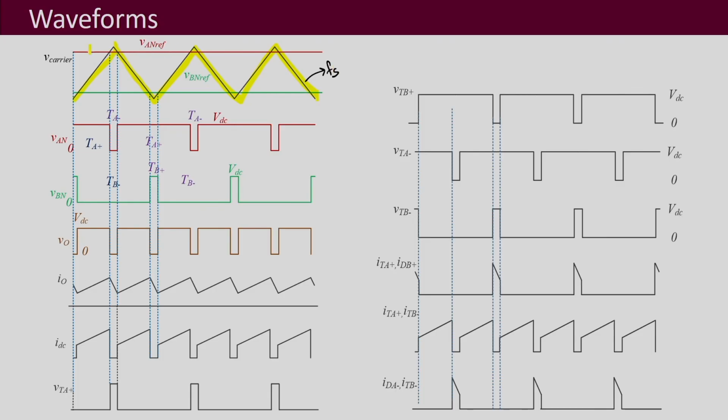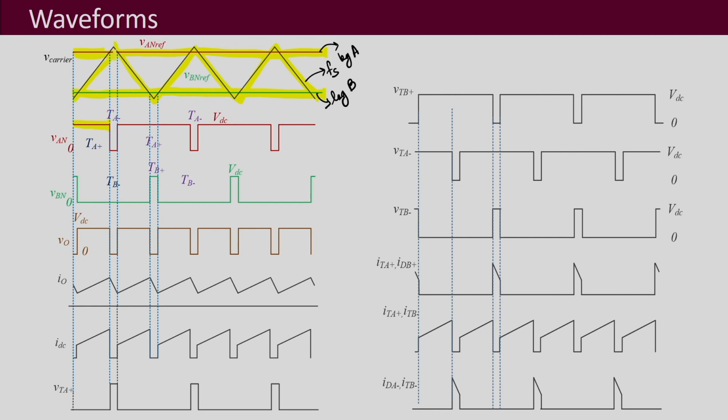Then this is the reference waveform for leg A, and this one is for leg B. Now, when the comparison takes place, in this part the reference of leg A, VA ref, is greater than the carrier, and so the upper switch TA plus is on.